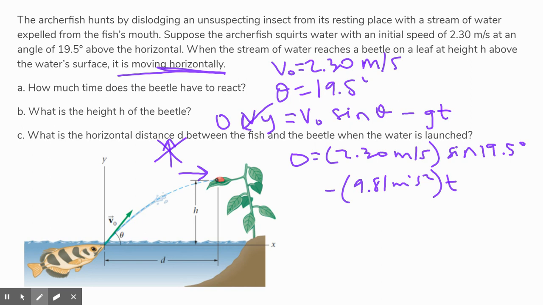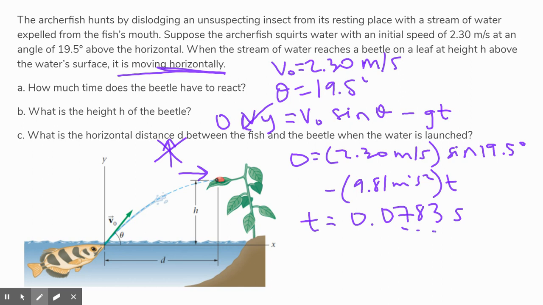Okay, now that we have all of that in, we can solve and rearrange, and when you do, you should find that t is equal to 0.0783 seconds, and that is the correct number of significant figures, 1, 2, 3.